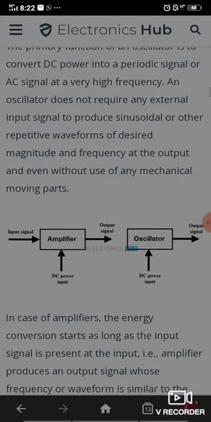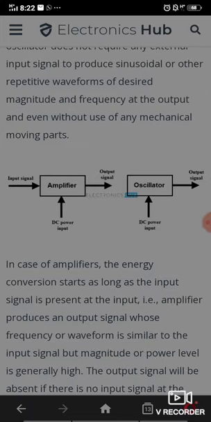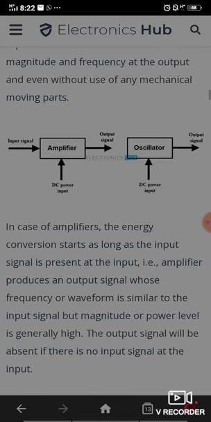In case of an amplifier, the energy conversion takes place as long as the input signal is present at the input. An amplifier produces an output signal whose frequency or waveform is similar to the input signal, but whose magnitude or power level is generally higher. The output signal will be absent if there is no input signal.